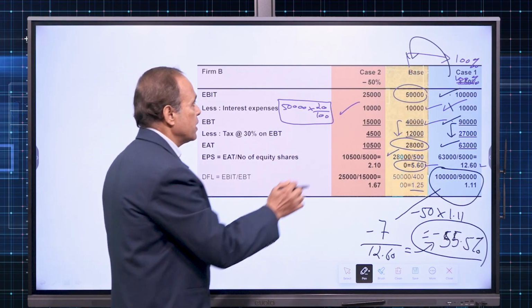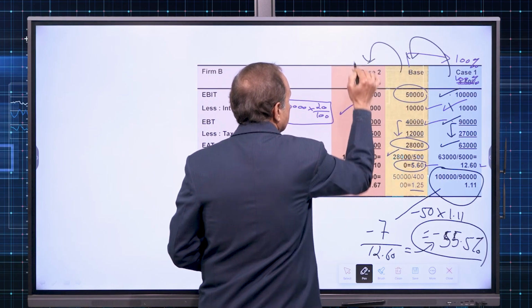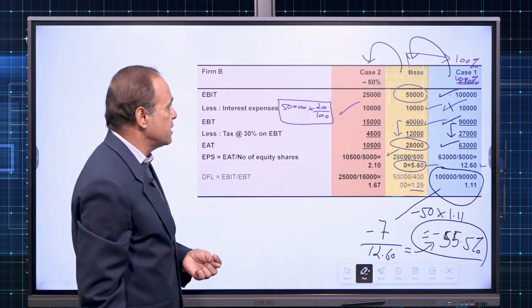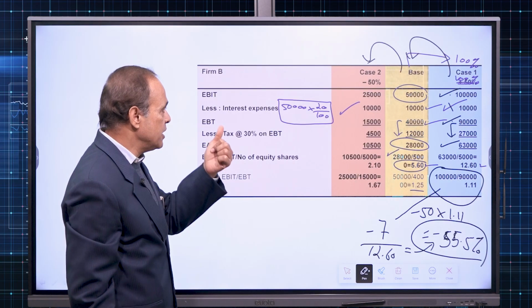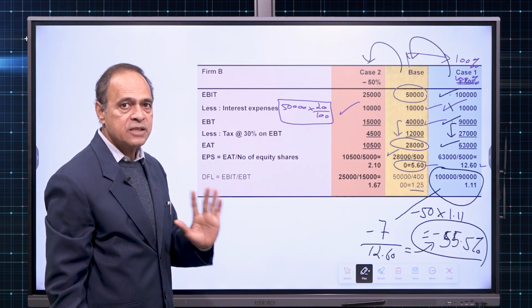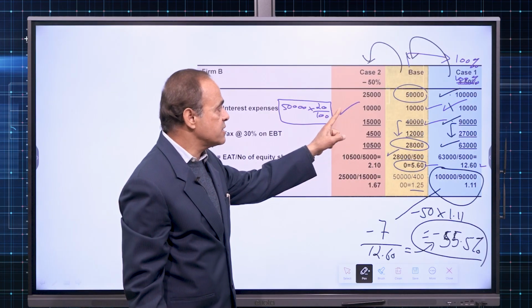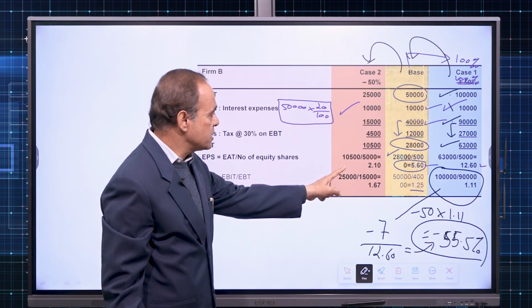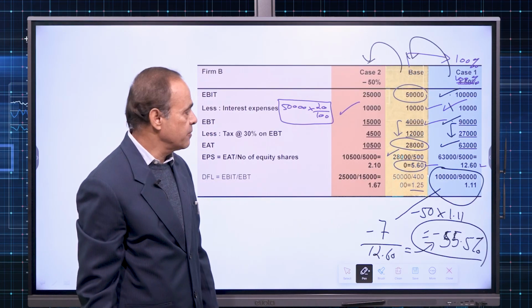We were required to calculate DFL in this case also. From the base case, if EBIT declines by 50%, now my EBIT will be 25,000. Irrespective of that, I have to pay the same interest of 10,000. And the calculation flows in the same manner, and you can see your EPS is 2.1.